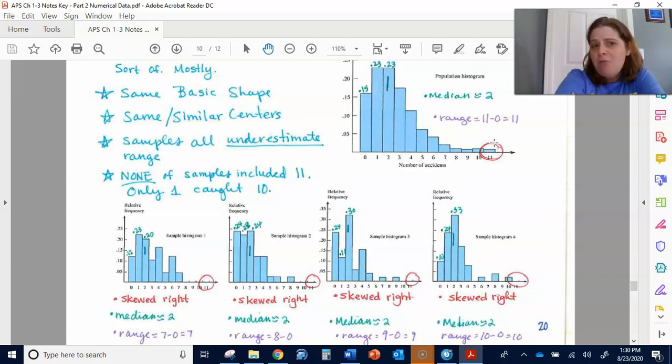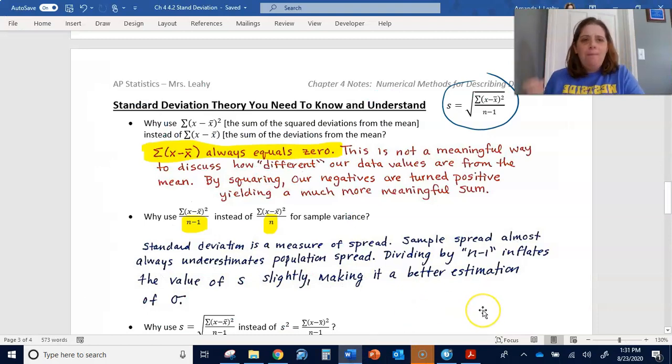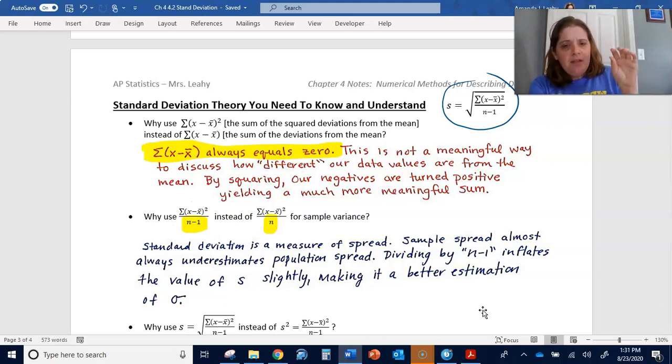Now, you don't have that problem with means. Sometimes the mean is a little bigger and sometimes the mean is a little smaller, and they sort of average out to the right number. But with spread, they're always a little too small. So if your whole purpose in statistics is to compare a population or to make inference back to a population, and you're dealing with your sample, then if you know your number is definitely going to be too small, you can adjust for that.